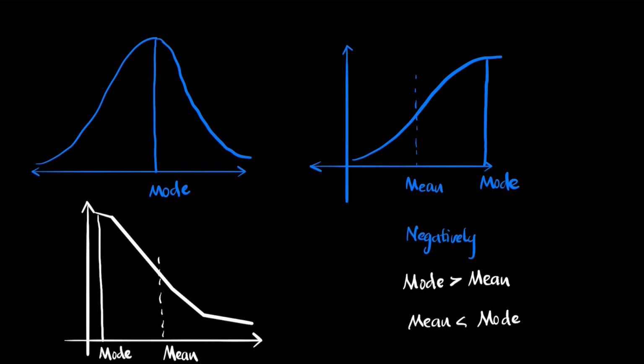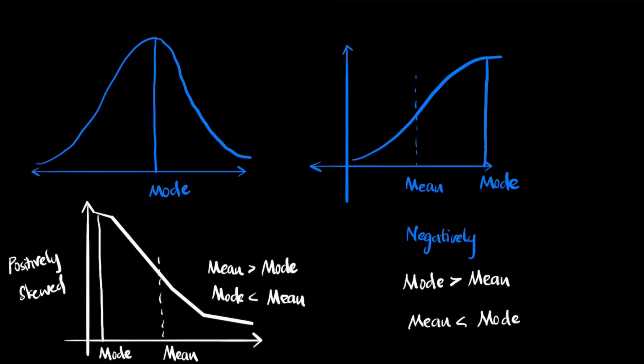So this is an example of a positively skewed distribution. So in this distribution, the mean is greater than the mode, or the mode is less than the mean, whichever one you want to write this way.